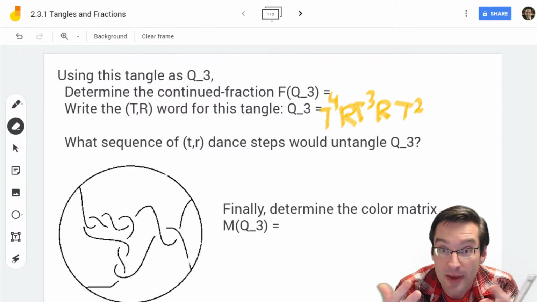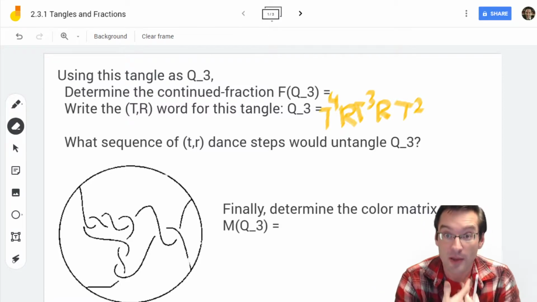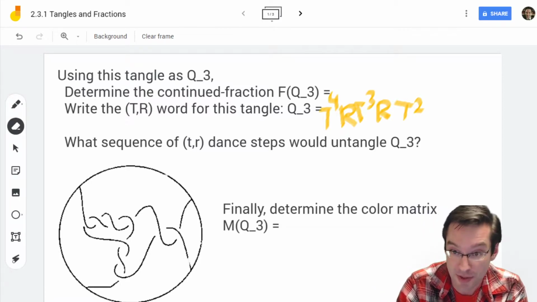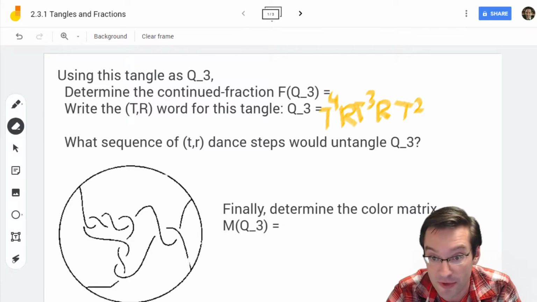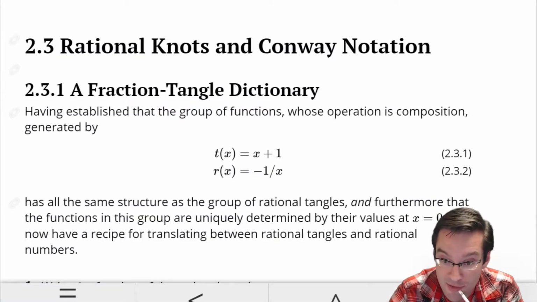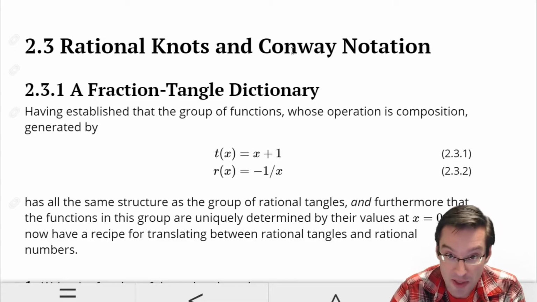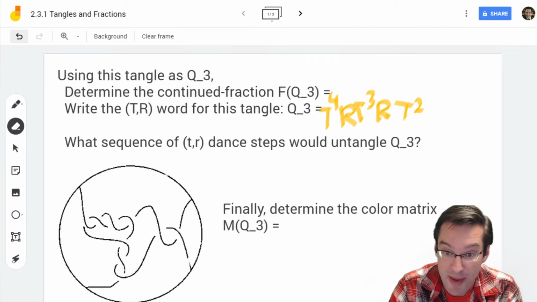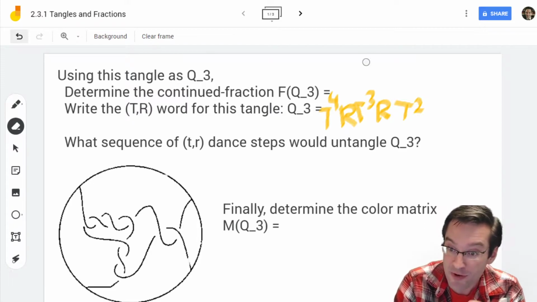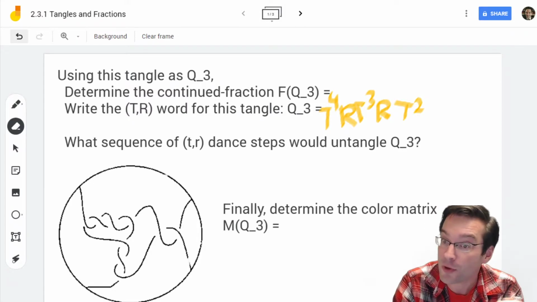Okay, so now the idea is, if I want to determine the continued fraction which represents this rational tangle, and when I simplify that continued fraction, I get the rational number in lowest terms, which determines this tangle and is determined by it. The recipe is that we start from an empty tangle, just like when we make a tangle in the first place. And the first thing I would do is a series of 4 twists.